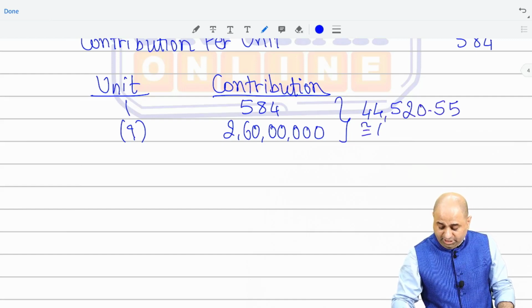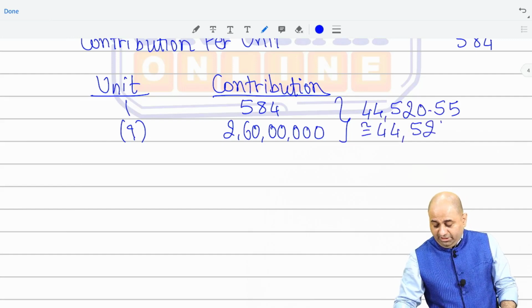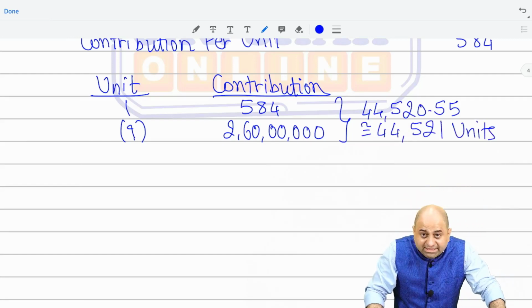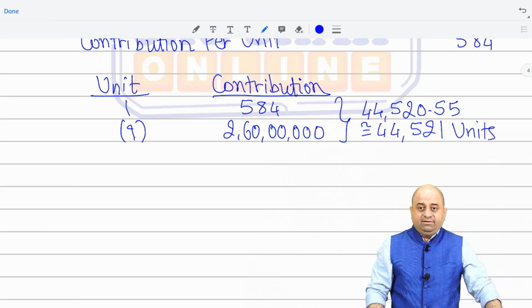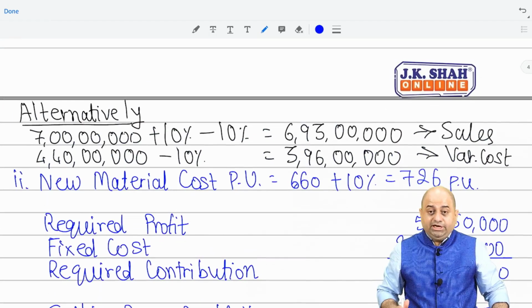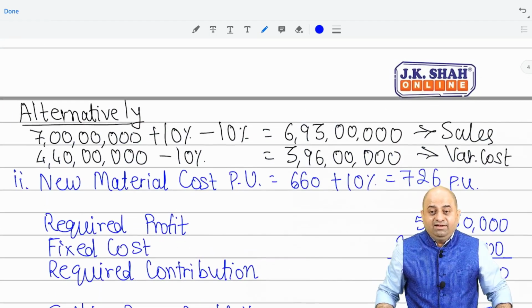Approximately 44,520.55, so 44,521 units. That's it, guys. That's the problem, and the concept which we studied here, the one which I've written in the black.